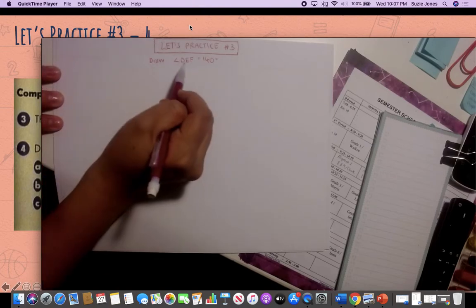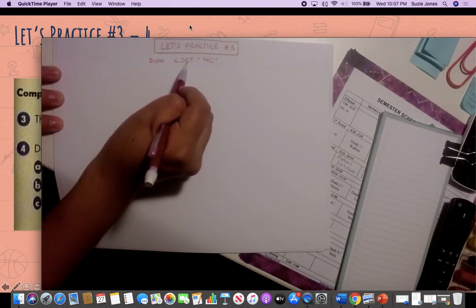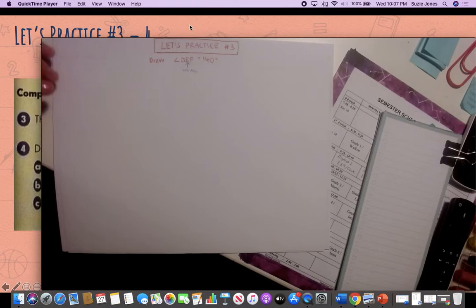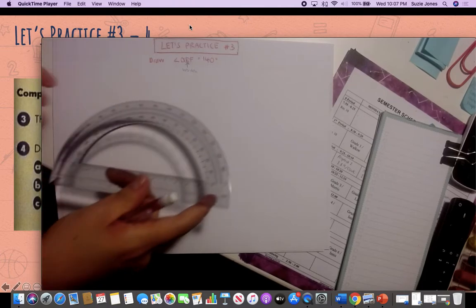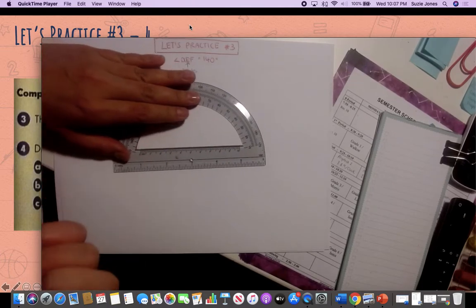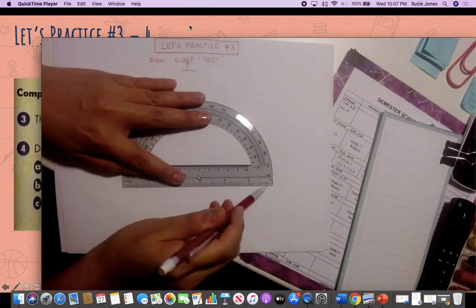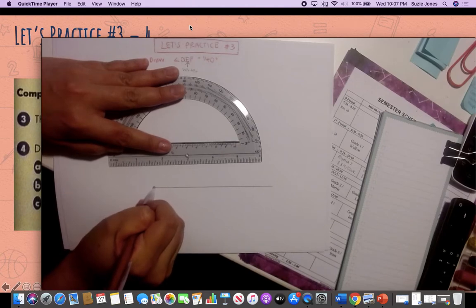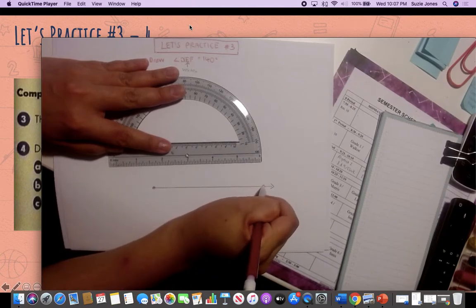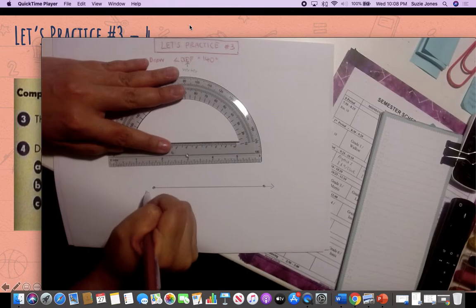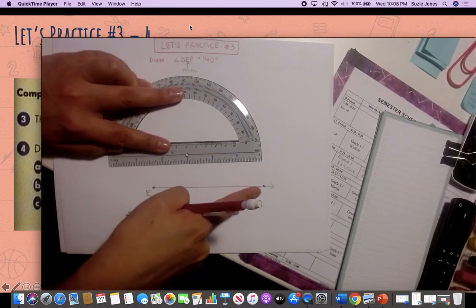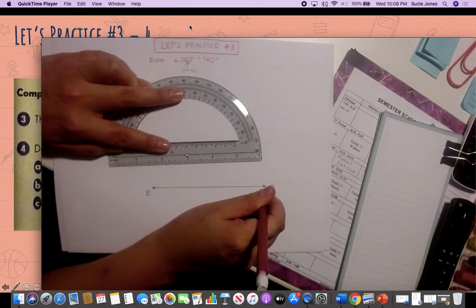Now, that means angle DEF, this E here, is my vertex. So first I'm going to draw a ray, and my endpoint will be E because that's my vertex. I'm going to draw a ray, like so. And my endpoint is E over here. And then this can be D or F. I'm going to just choose F.